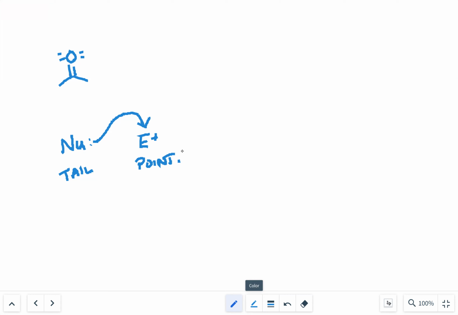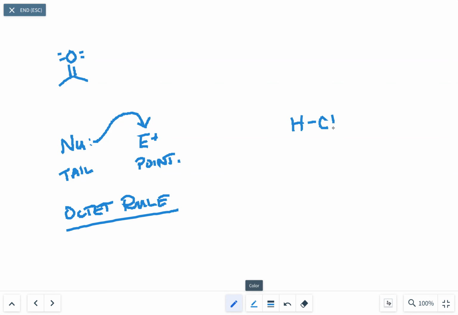And remember, you must follow the octet rule. So in the example we just had for HCl, the second arrow, if your nucleophile is grabbing this proton, basically follows the tail and point rule.